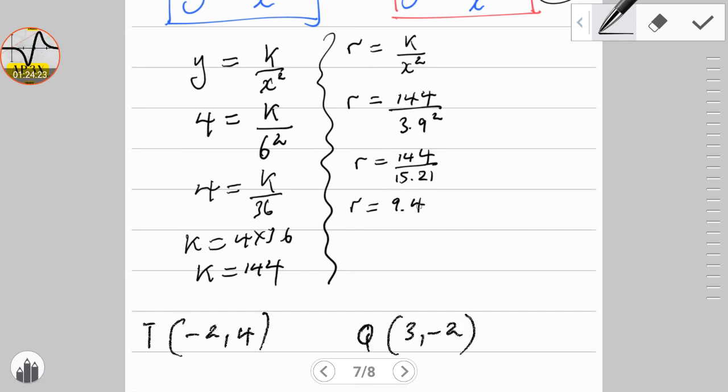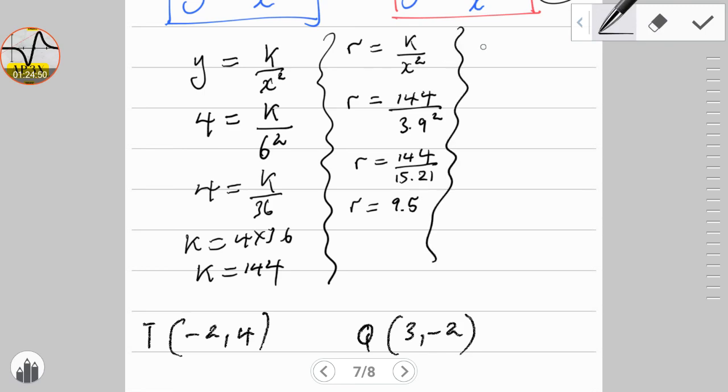Yes, 9.4. Let's double check on that. So that's going to be 144 divided by 15.21, 9.46 or 9.5, whichever one is acceptable. I'm going to write 9.5.